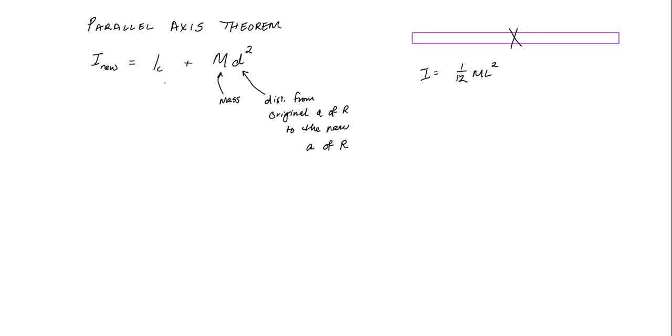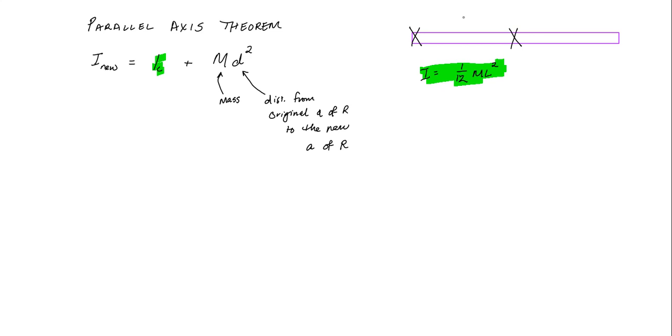So that's this value, and it's the moment of inertia about the center of mass. That would be the very center of this object, L over 2. Now what it's saying is if you want to shift your moment of inertia, so let's say I want to shift it to the end here.